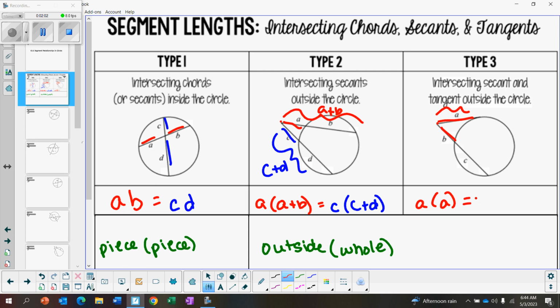But the other side is still B times B plus C. Outside times whole. So even though this one doesn't look exactly the same as this, we're going to still use the same formula of outside times whole. It's just that for this segment, the outside part is the whole part.